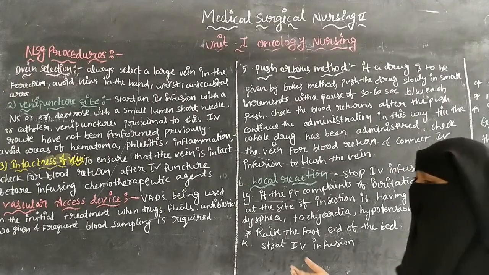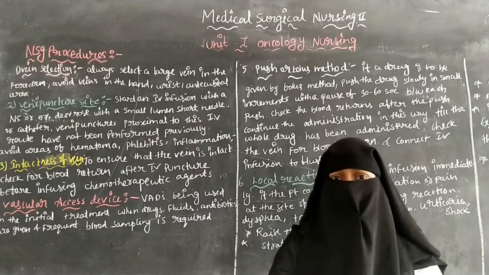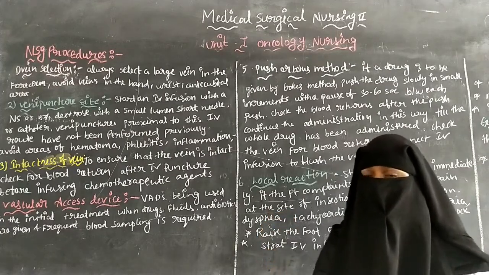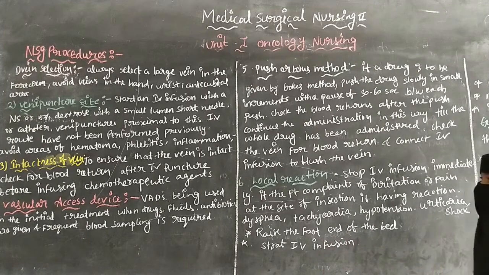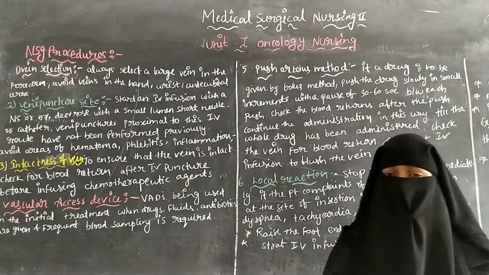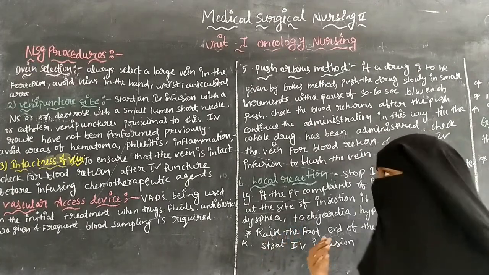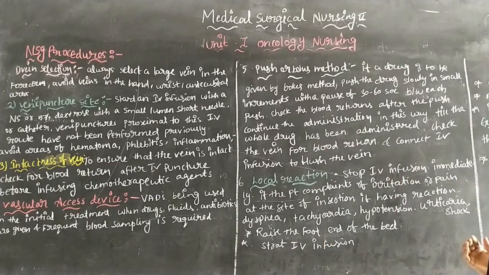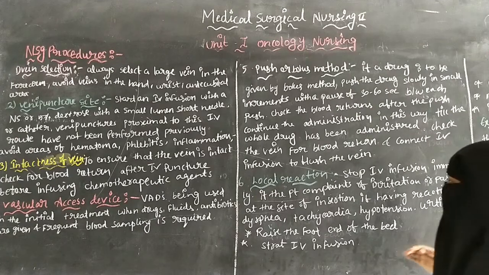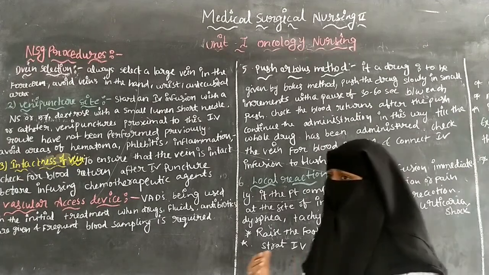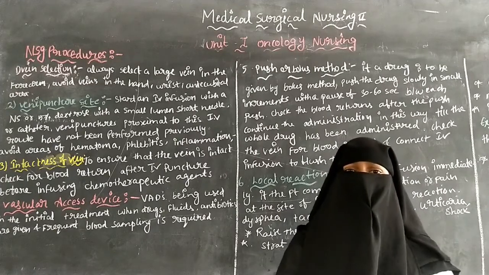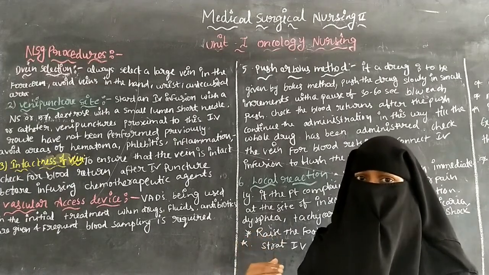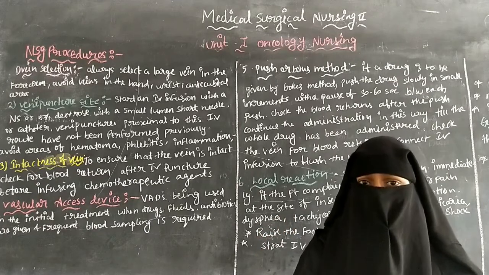After pushing, we check whether blood has returned into the cannula. If the blood has returned into the cannula, we can administer the total medicine slowly, check the vein for blood return, and connect the IV infusion to flush the vein.